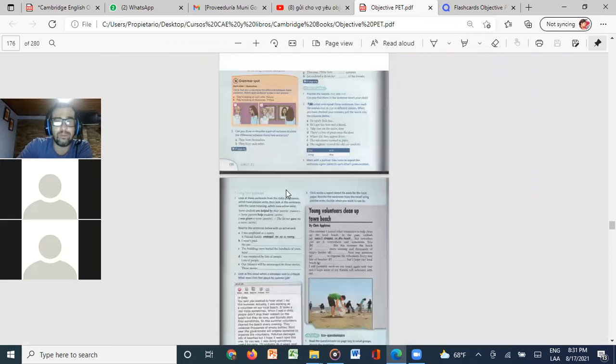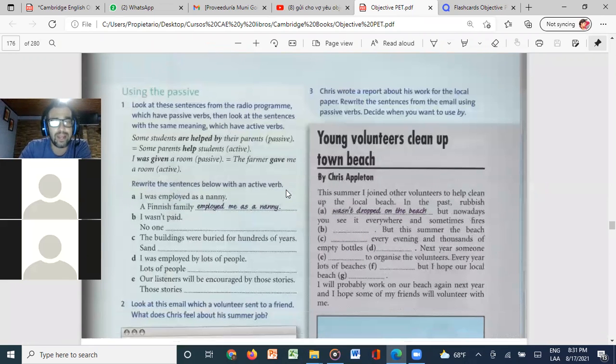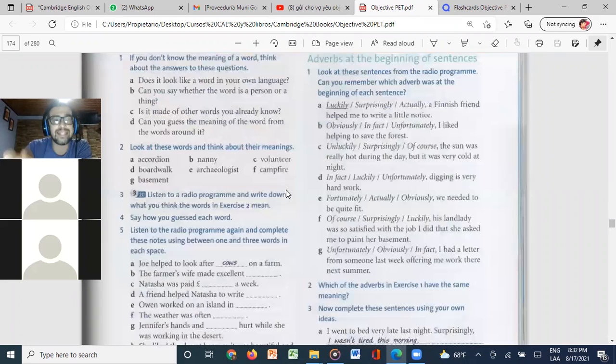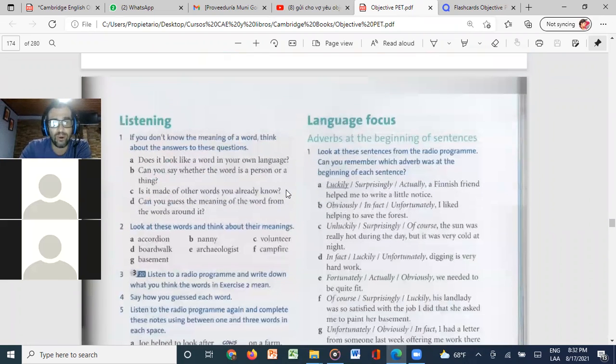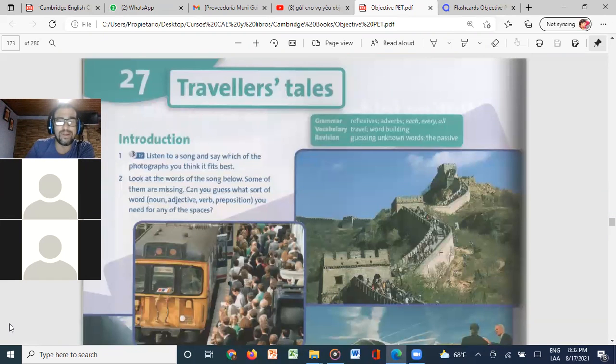For example, remember when we saw the passive, if you want, you can also do this page and review some of the activities that we have done, okay? But the activities that I told you are the most important to work on during this week, okay? So that would be the lesson for today.